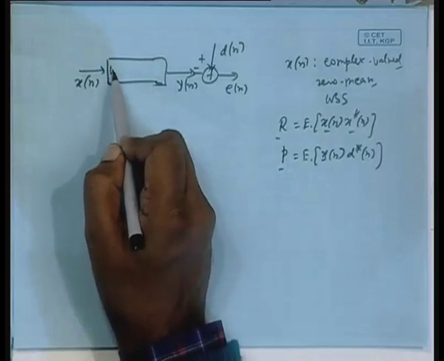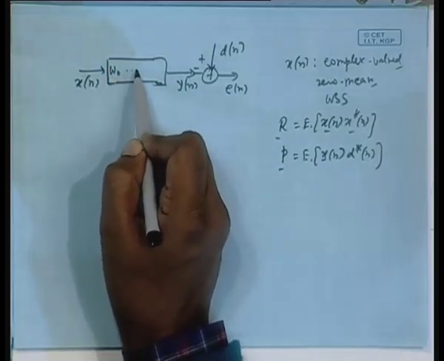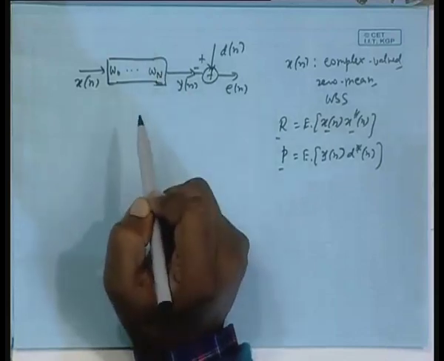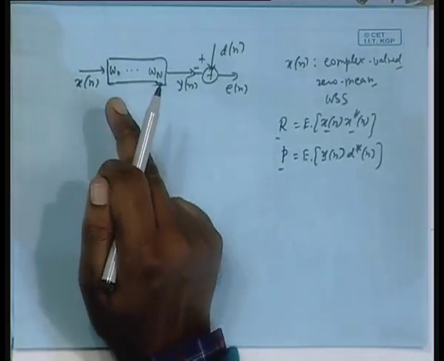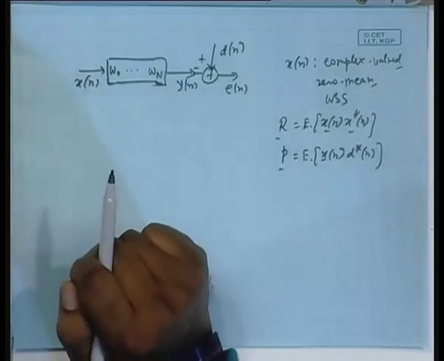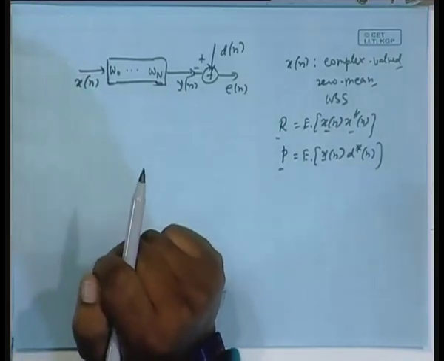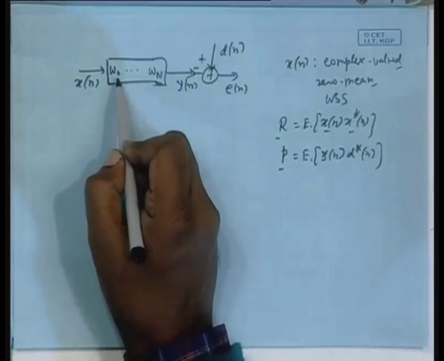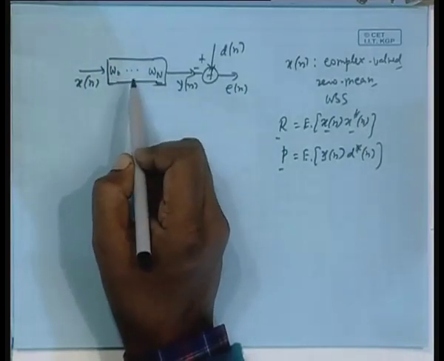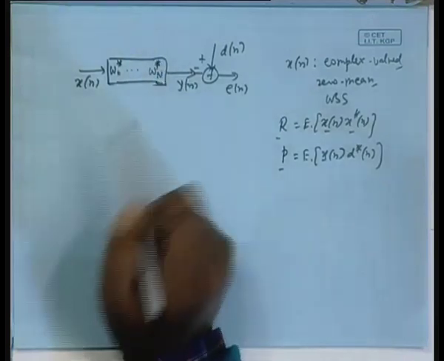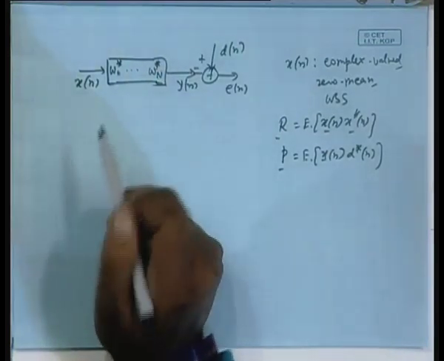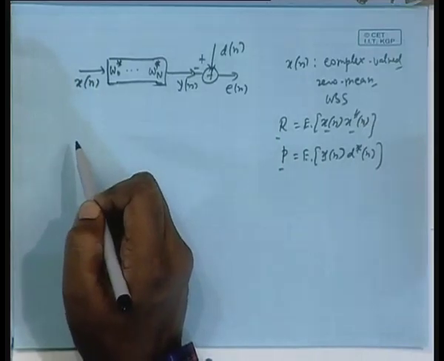You should have W0 dot dot dot Wn as your filter weights, isn't it? And they are complex valued in this case, in general, because I am dealing with complex data. But instead of putting W0 to Wn in the filter, let me take their star values. Okay, it does not matter.